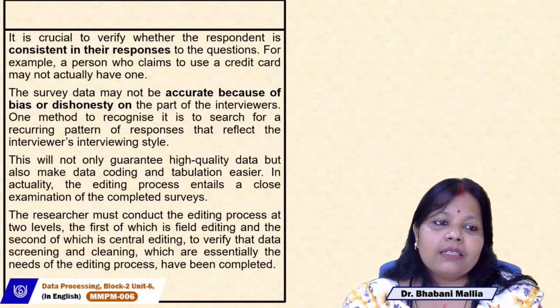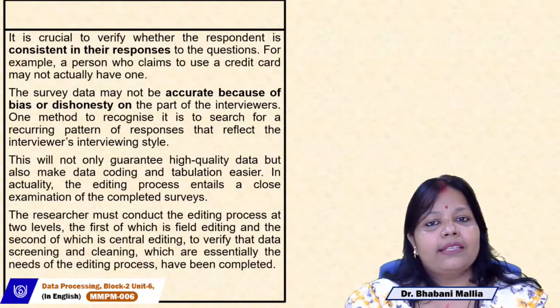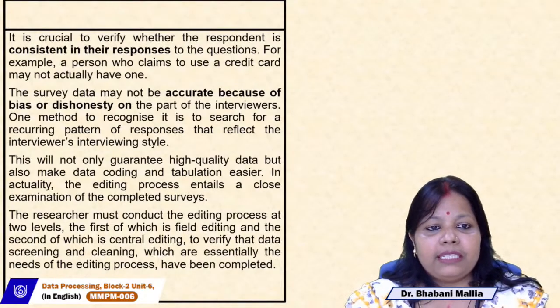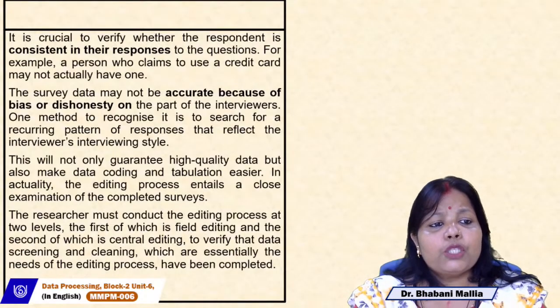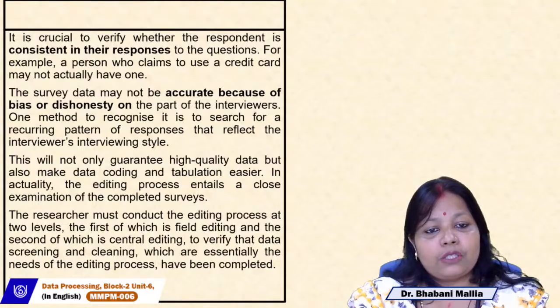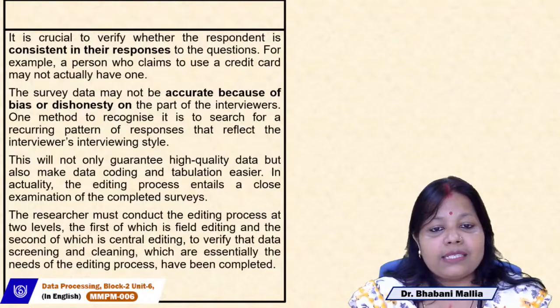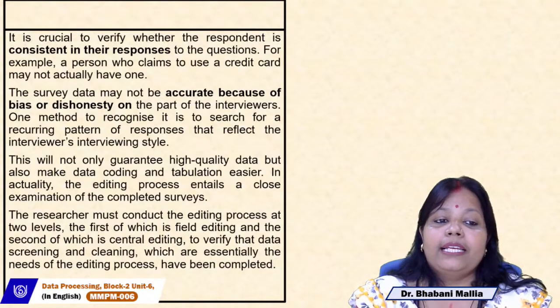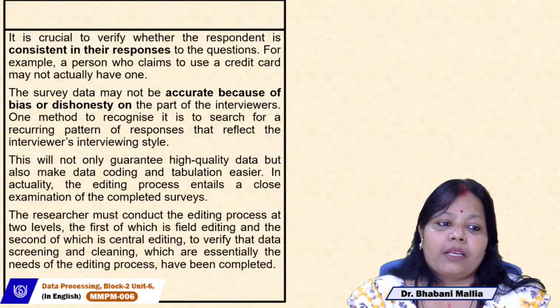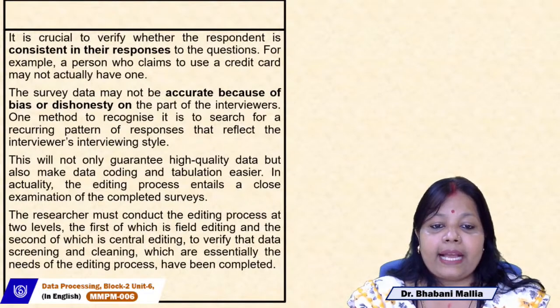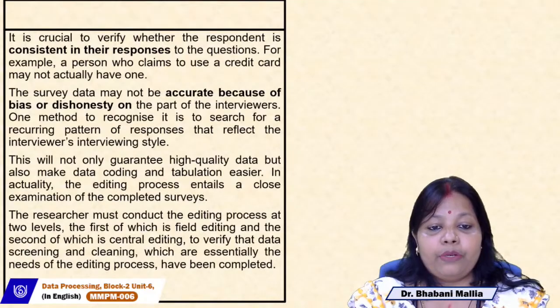So this comes under the dishonesty, or we can say the biasedness, of the interviewer. One method to recognize this is to search for a recurring pattern of responses that reflects the interviewer's interviewing style. This will not only guarantee high quality data but also make data coding and tabulation easier.